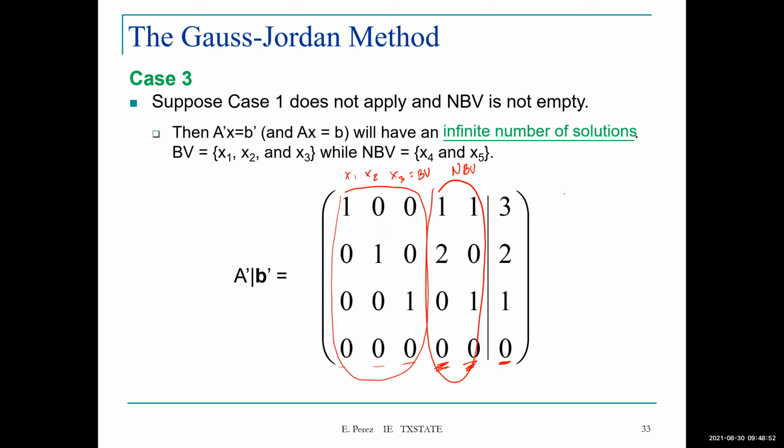When you try to find a solution to the system, there's no combination of values that will allow you to make that system of equations happen. Another word for that is inconsistent.